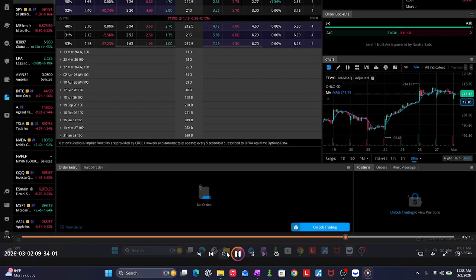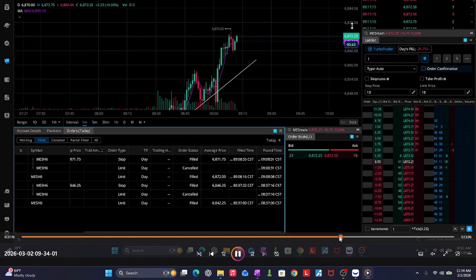It did end up having that move down, not all the way to the 60s, but it did end up hitting around my 2 to 1 target.